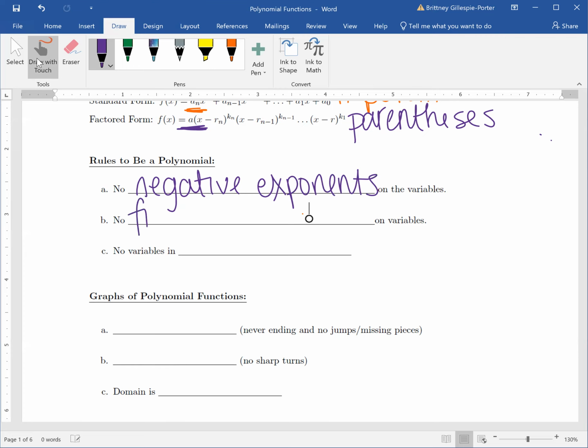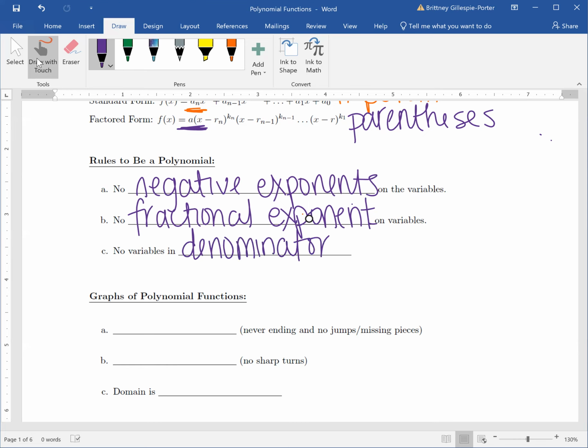No fractional exponents. If you have a fractional exponent on the variable, you are not a polynomial. And finally, no variables in denominators. And remember, denominators are the bottom part of a fraction. So no letters in the denominator. No fractions makes most people happy.